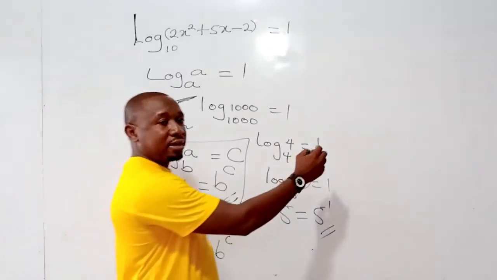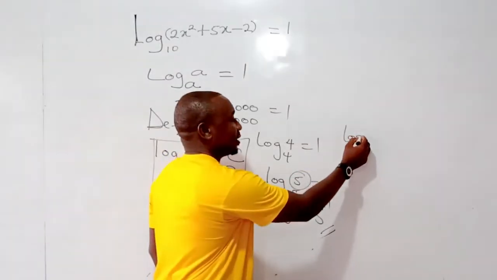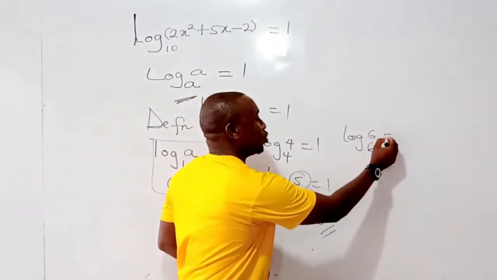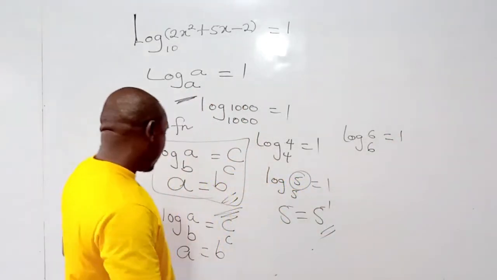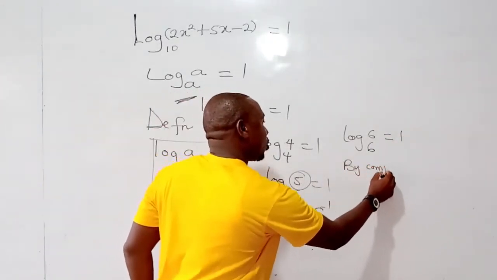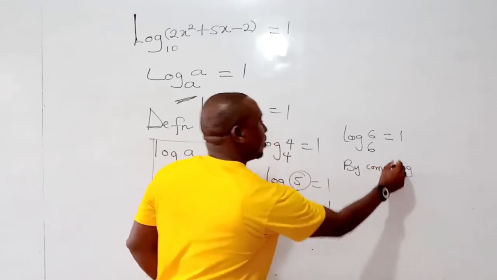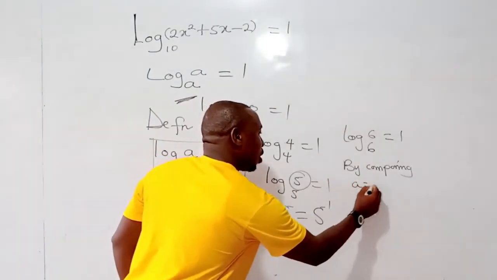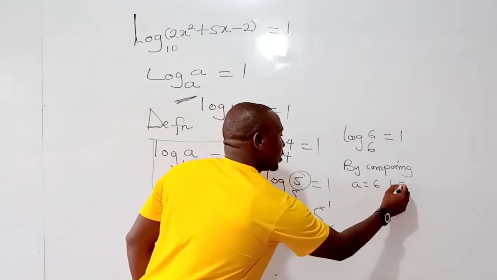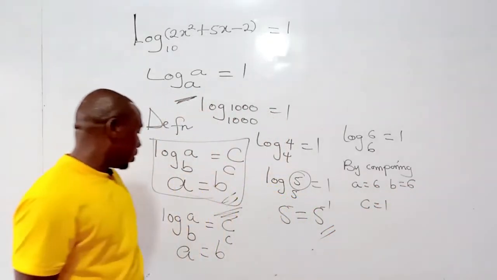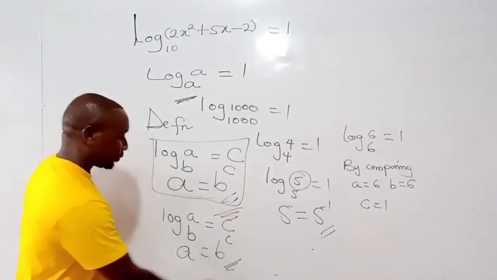And if we are saying that log 6 to the base 6 is equal to 1, by comparing, a is equal to 6, b is equal to 6, and c is equal to 1. So look at the definition here.